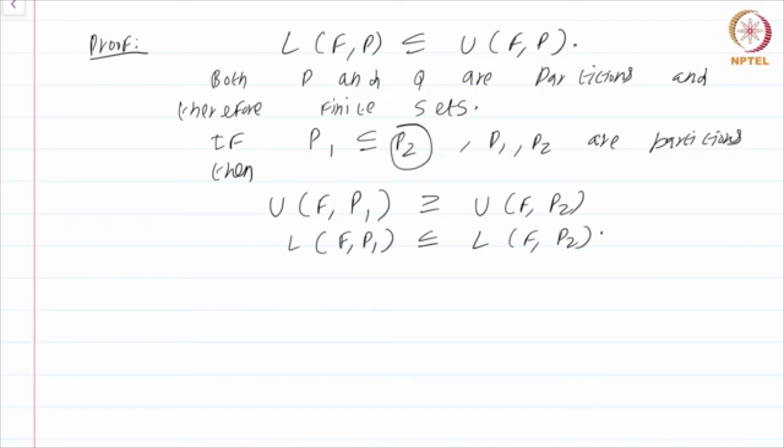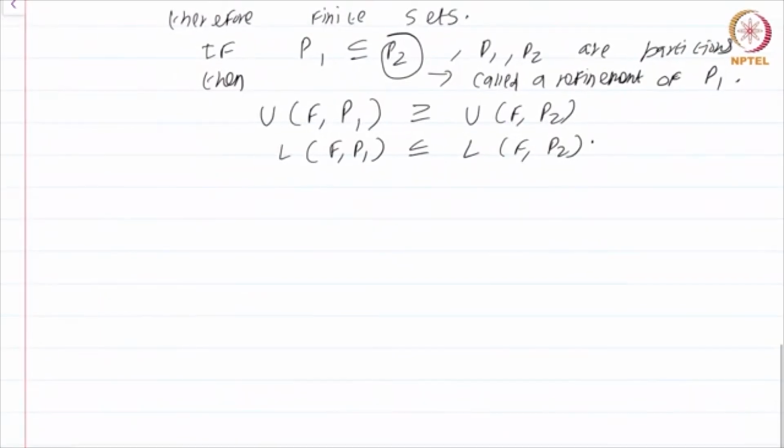Such a P2 is also called a refinement of P1 for obvious reasons. The terminology here is very intuitive and visual. If one partition contains another partition, we say that the larger partition is a refinement of the smaller partition. Now, what this is saying is that when you refine a partition, the upper sum has to decrease, whereas the lower sum has to increase. Why is this the case?